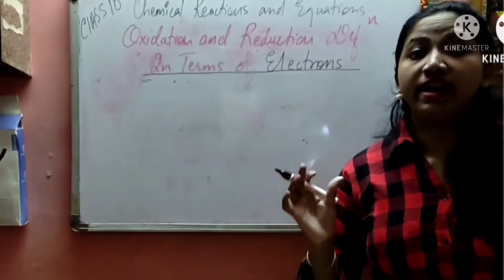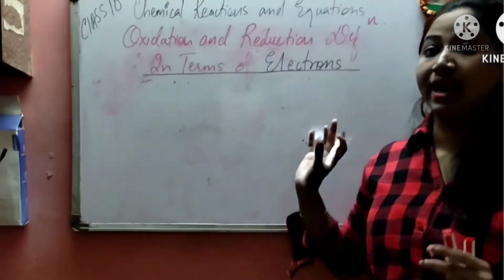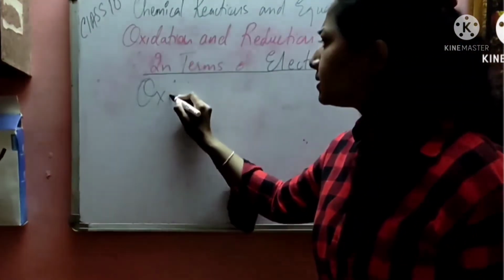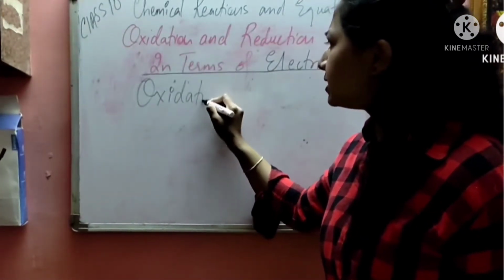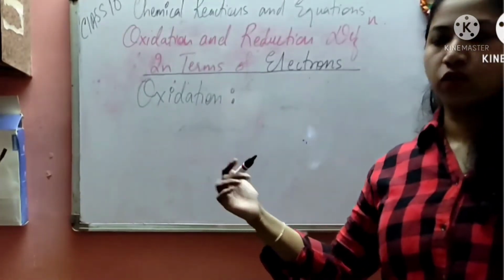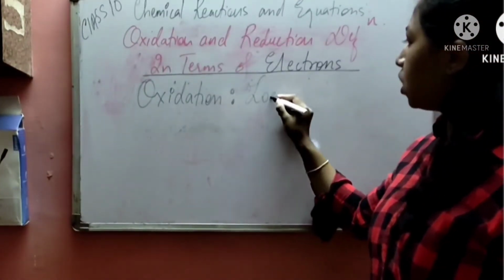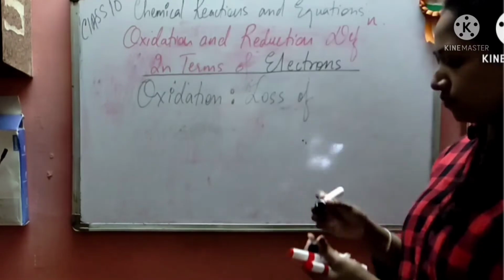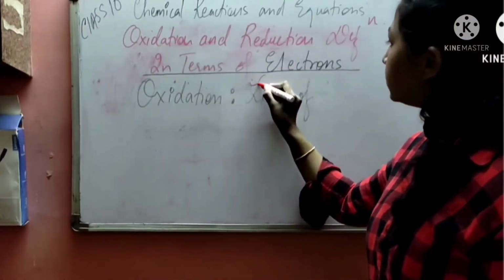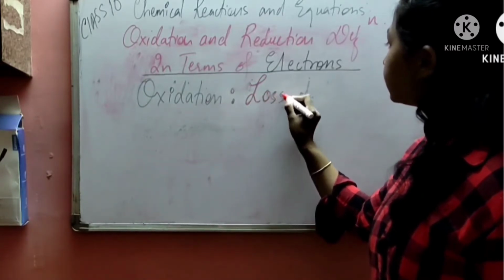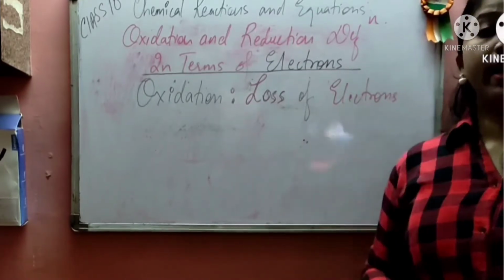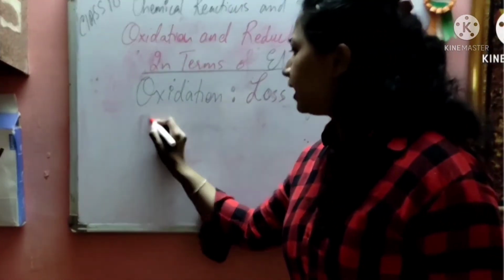Oxidation and reduction definition in terms of electrons: oxidation is loss of electrons. Reduction is gain of electrons.